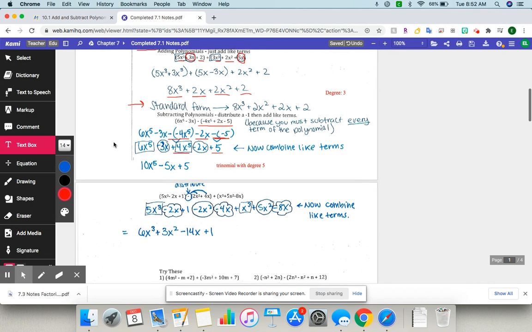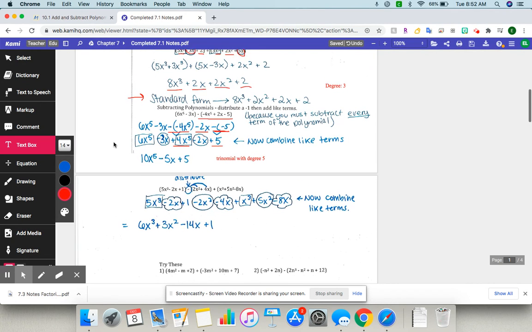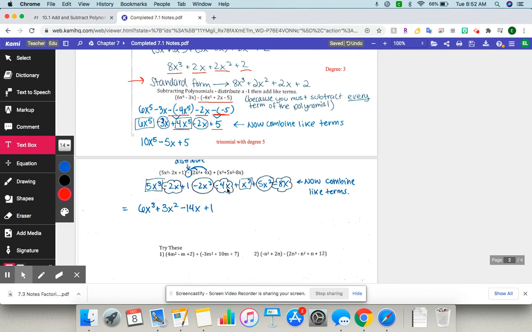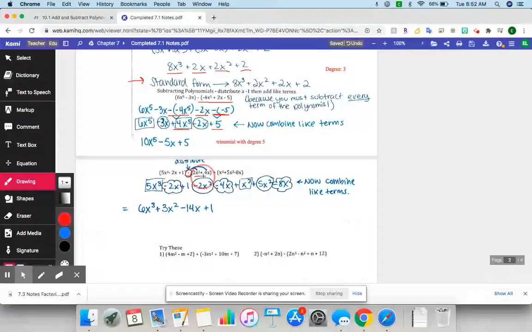On to the next page. So this is just another example of subtracting polynomials, but then adding another polynomial. So once again, as you can see, I distributed my negative to show that I'm subtracting this entire quantity. All right, once I've done that, I'm combining like terms.